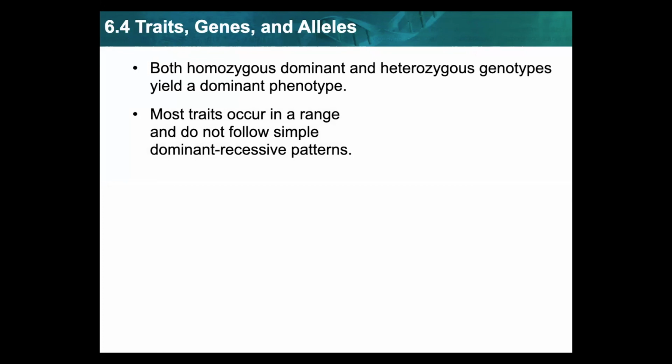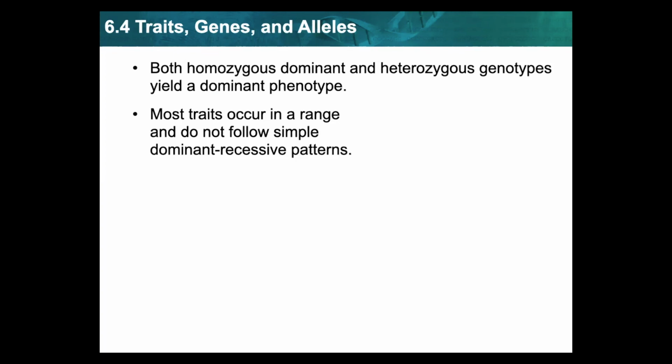You have a dominant and recessive trait. So you might have a gene for brown hair and a gene for blonde hair, but you still would only have brown hair show up as your phenotype. So if your genotype is brown hair, blonde hair, your phenotype would be only brown hair. So that's what they mean by that first bullet point. A dominant phenotype means you would only express the dominant gene.